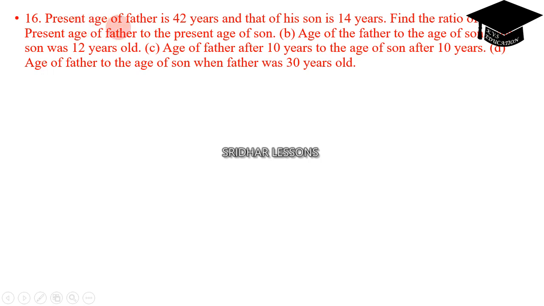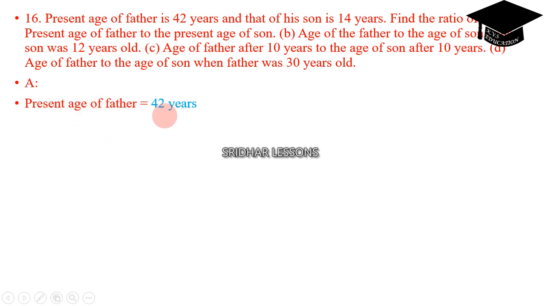Question number 16. Present age of father is 42 years and that of his son is 14 years. Find the ratio of the present age of father to the present age of son. We will do some calculations.